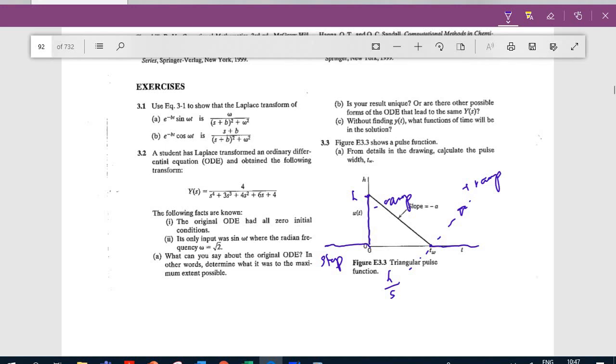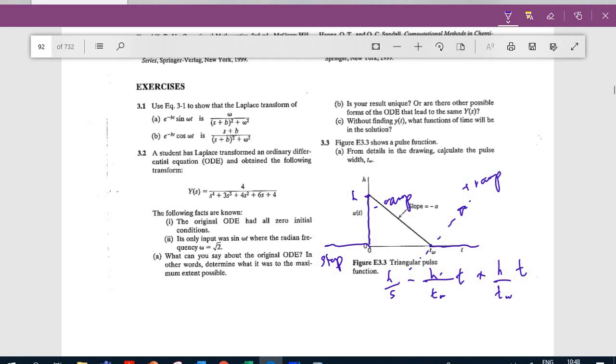If I look at the slope, it's H minus 0 over TW minus 0, so the slope is H over TW. We call this AT, so it's minus slope times T, and then the same slope in the other direction, which is plus H over TW times T.